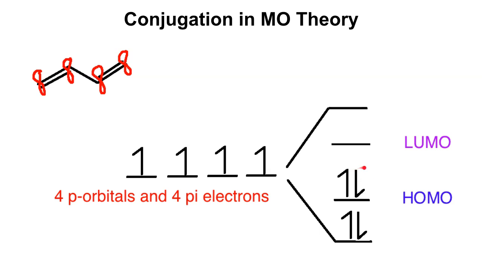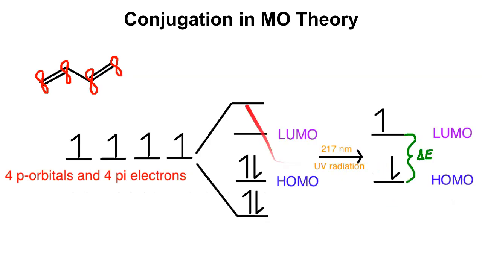Now, this is what it would end up looking like for 1,3-butadiene. So what I've done here is we have the 1,3-butadiene with its HOMO filled and the LUMO is empty, and 1,3-butadiene has an excitation lambda max at 217 nanometers.